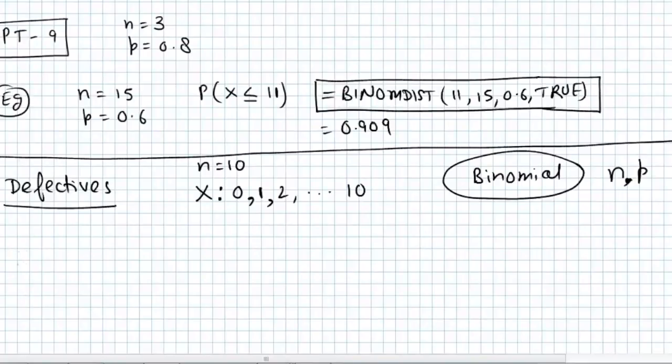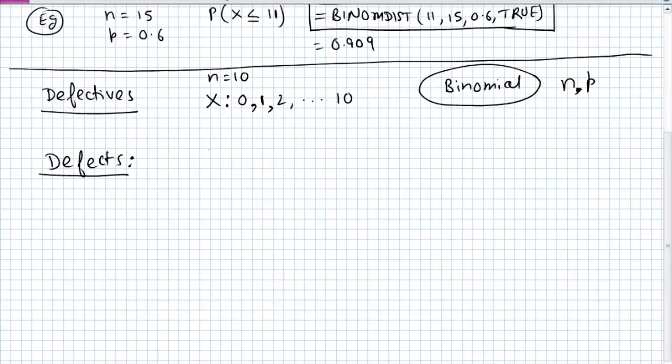Now there is another term called defects. So again, if you have 10 laptops that go for inspection, and instead of defectives, now they are looking at defects. If X denotes number of defects, the number of defects can be more than 10 also. So there can be one laptop itself with more than 10 defects.